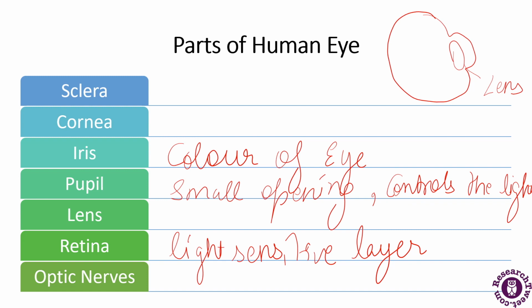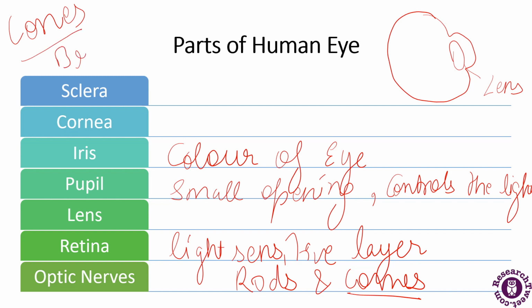Now what is the optic nerve here? The retina's nerve cells are divided further into two types, the rods and the cones. Now what are rods and cones? Cones are the nerve cells that are more sensitive to bright light, and they help in detailed central and color vision.